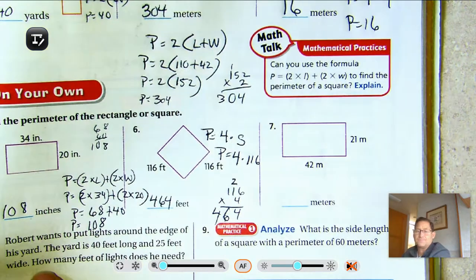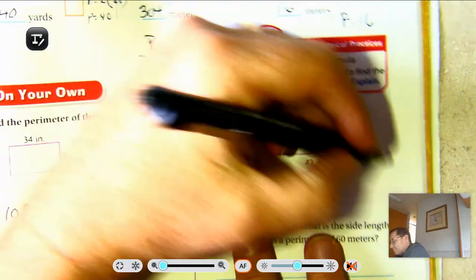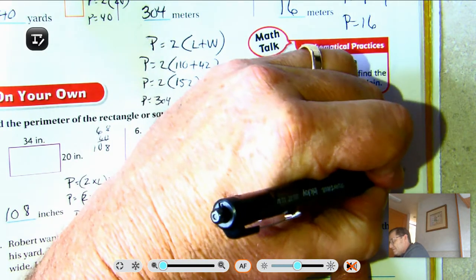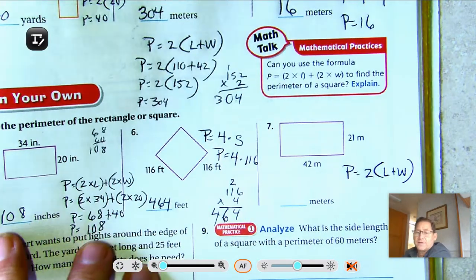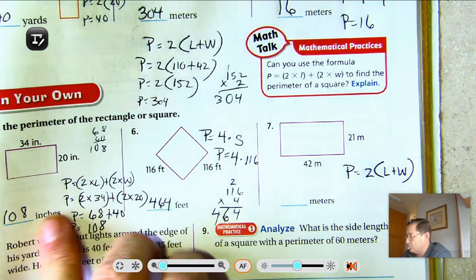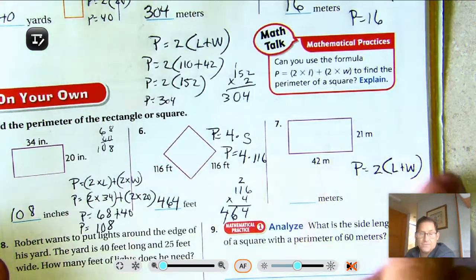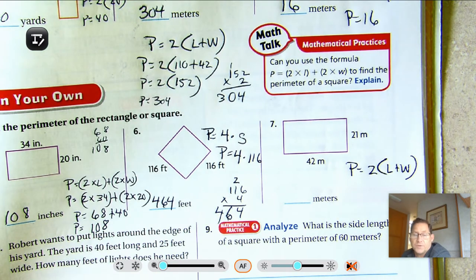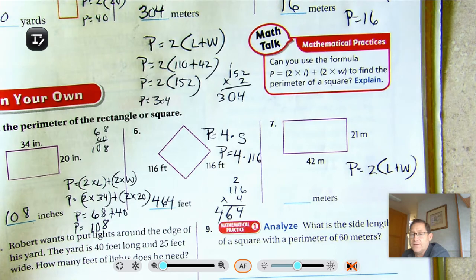And number 7. All right. P equals 2 times the length plus the width. Okay, I want you to get where you can do either of those perimeter formulas, either written as 2 times L plus 2 times W, or using the distributive property as 2 times the length plus the width.